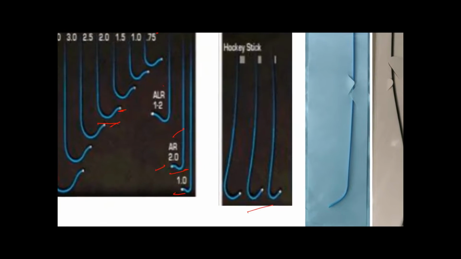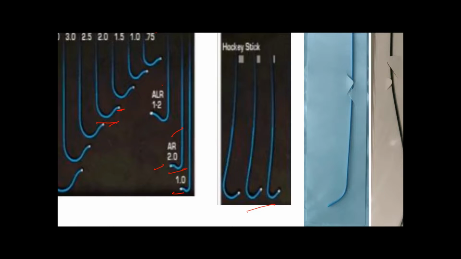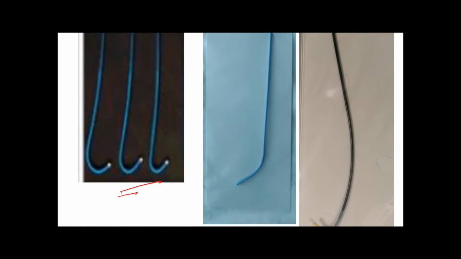Then you have a hockey stick catheter, which is like adding another curve to an internal mammary catheter, giving it a hockey stick appearance. And then you have this multi-purpose catheter. It has a single curve here, and the advantage is that, as the name states, it can be used for multiple purposes.